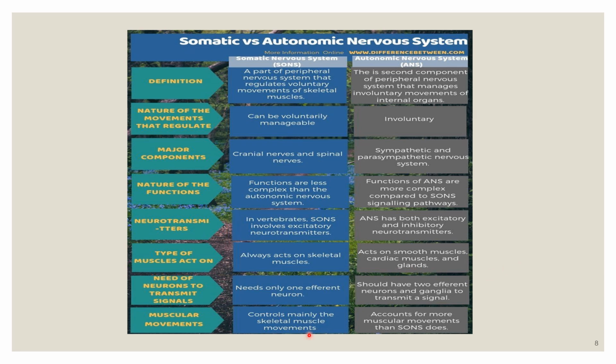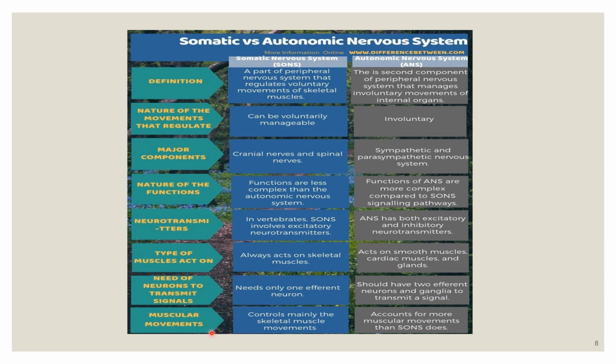Coming to the need of neurons to transmit the signals. The somatic will have only one efferent neuron. In the ANS, it needs two efferent neurons and a ganglion to transmit a signal. That is, a ganglion is present. Before the ganglion, it has a preganglionic neuron, and after the ganglion, we have a postganglionic neuron.